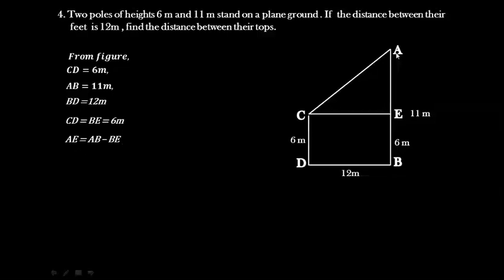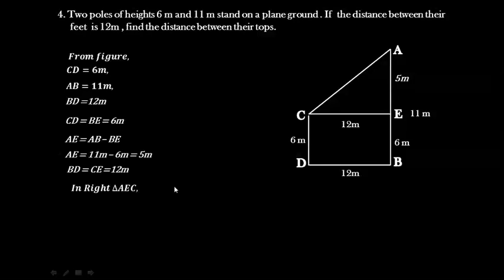AE is equal to AB minus BE, so that is 11 minus 6 equals 5, so it's 5 meter. BD is equal to CE, which is 12 meter.